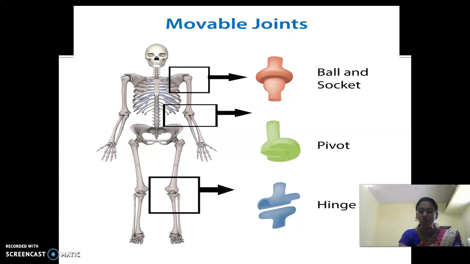One is the movable joints and the second is fixed joints. Movable joints can move, that is, they can change in posture, whereas fixed joints do not move. Under the movable joints, there are three categories: ball and socket joints, pivotal joints, and hinge joints.